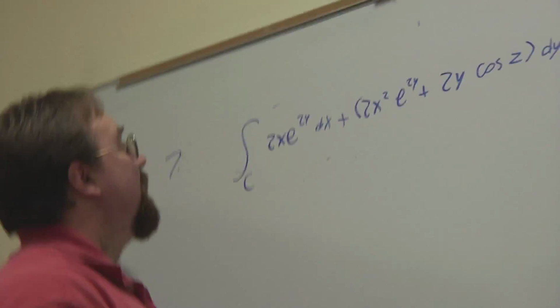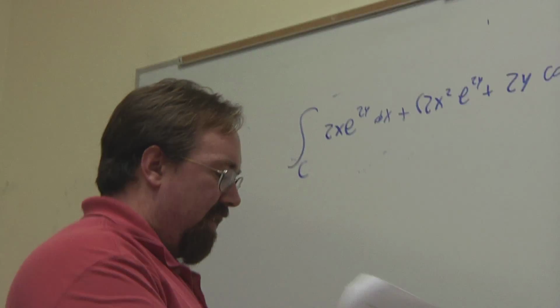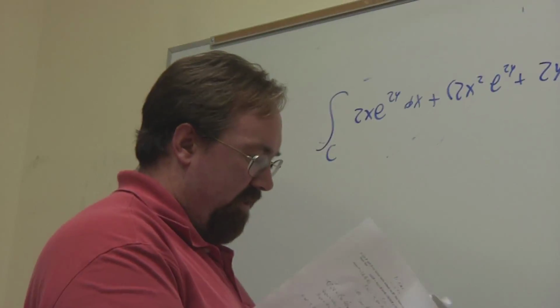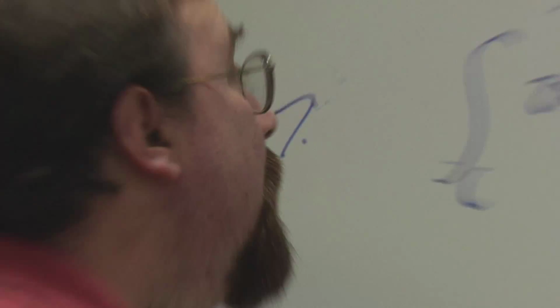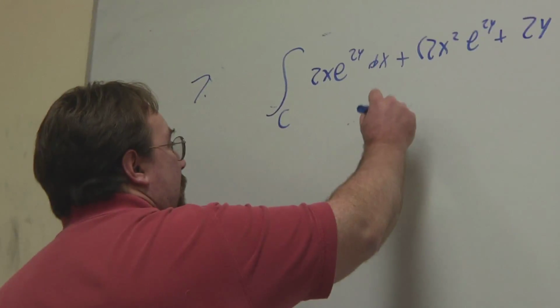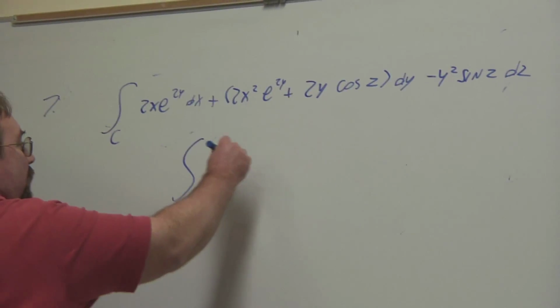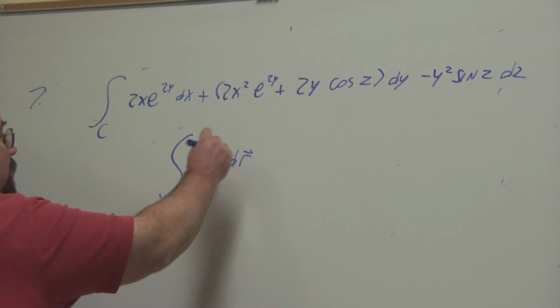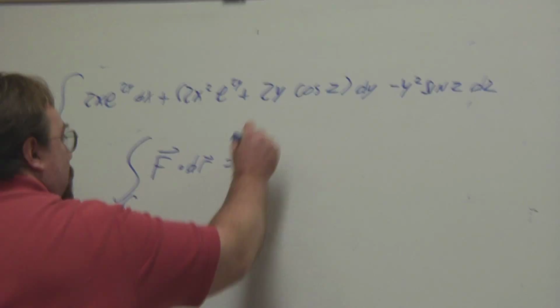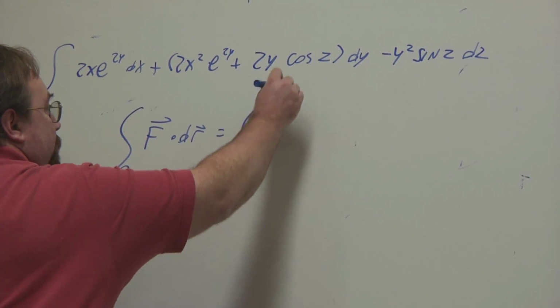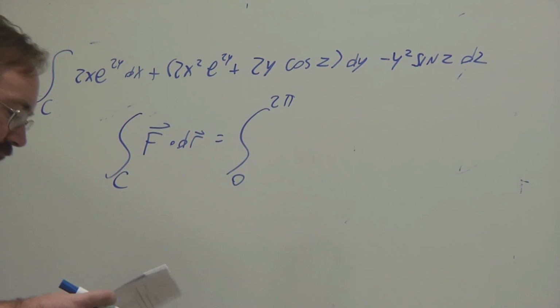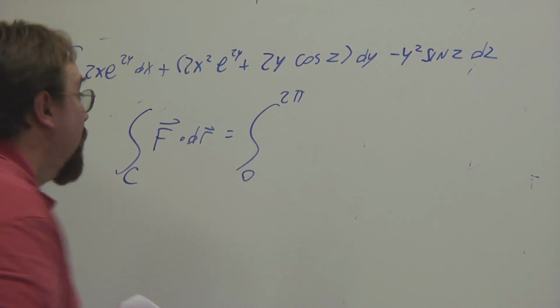Now, in this case, the formulas that I mentioned earlier in association with problem number 2 apply this time as well. So this is F dot dr. So in this case, you're going to have the integral from 0 to 2 pi, because that's how the curve is parameterized.